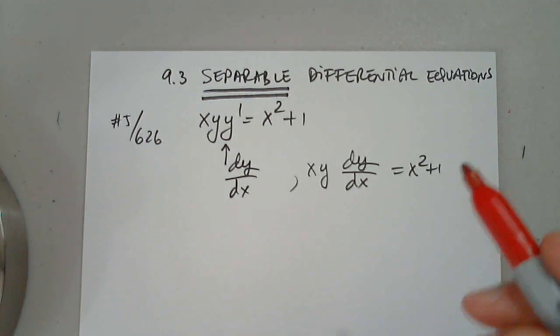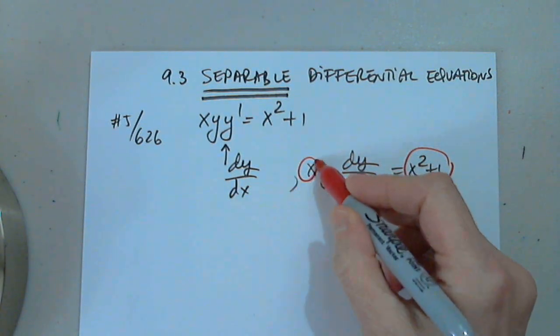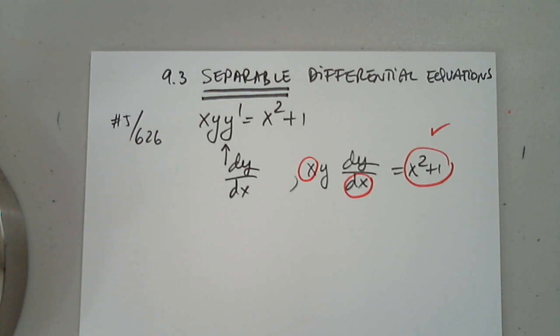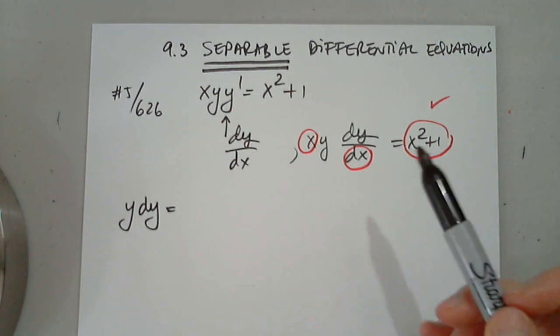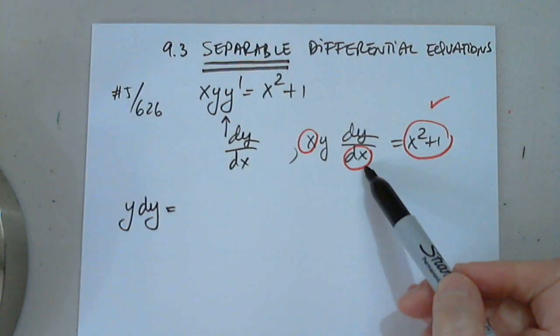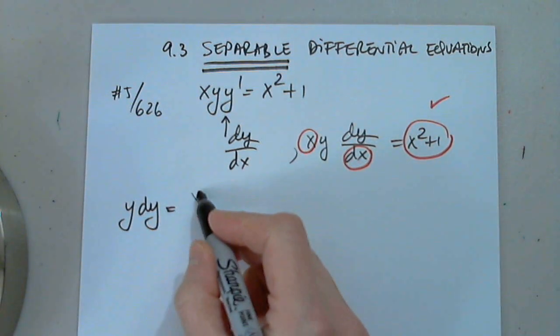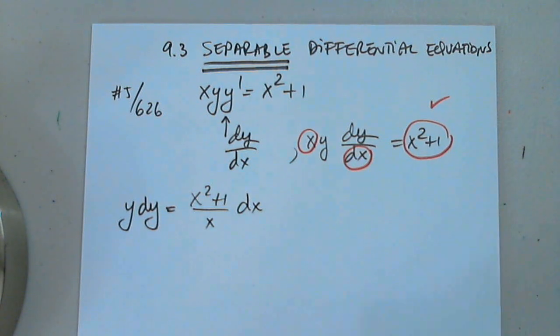These pieces should all be on one side. y and dy should be alone on the left. So y dy is on the left-hand side. I'm going to multiply both sides by dx and divide both sides by x. So for now we have x squared plus 1 divided by x and dx.